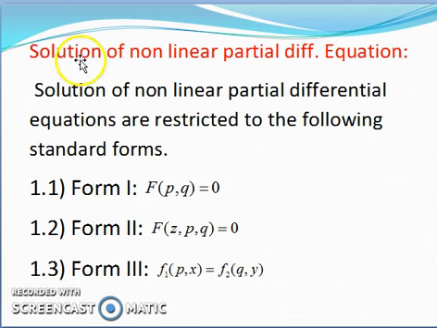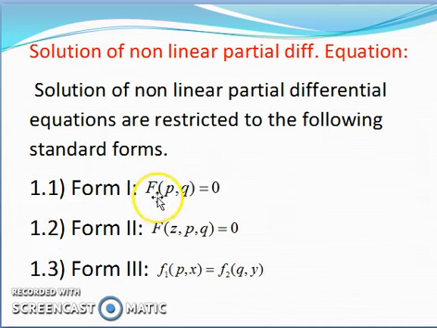Now, how to find the solution of non-linear partial differential equations? The solution of non-linear partial differential equations is restricted to the following standard forms. There are many forms, but here the solution of non-linear partial differential equations is restricted to the following three standard forms.